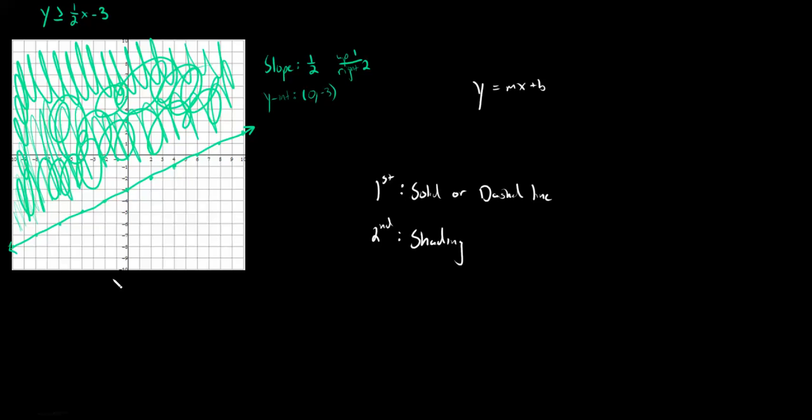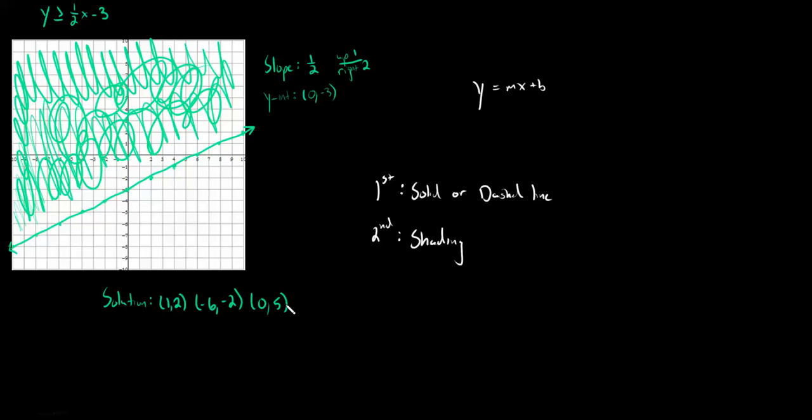A possible solution could be a point like 1, 2. 1, 2 would be a solution. That's in the shaded region. If I plug 1, 2 into this inequality, it's going to make it true. A point like -6, -2 would work. A point like 0, 5 would work. Any point that is in the shaded region will work.